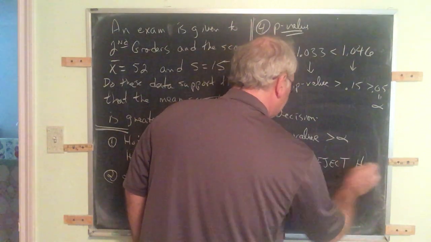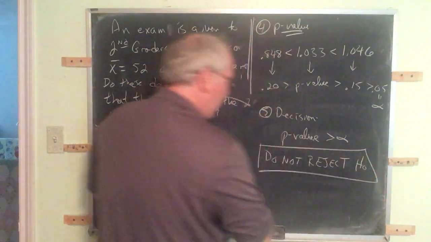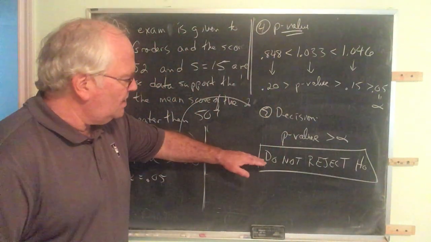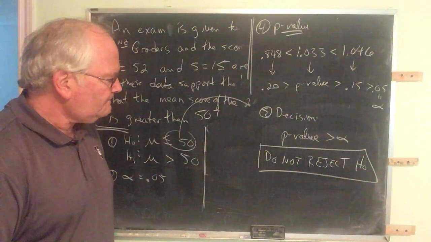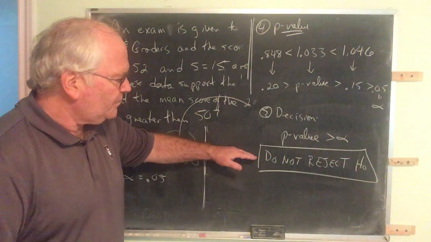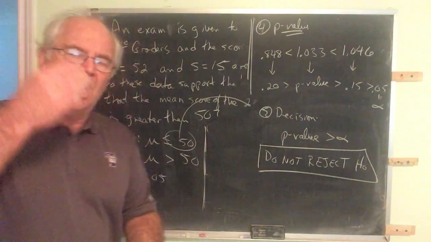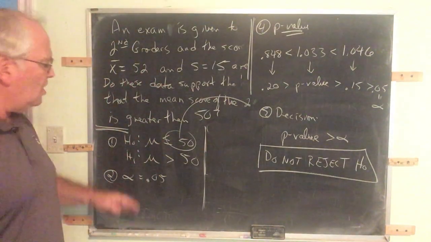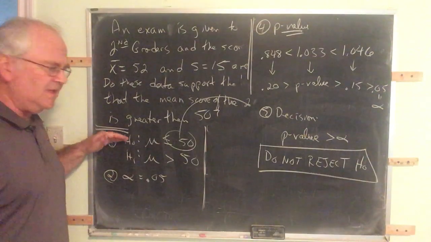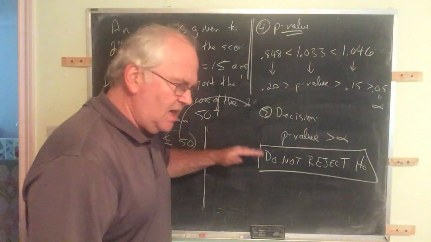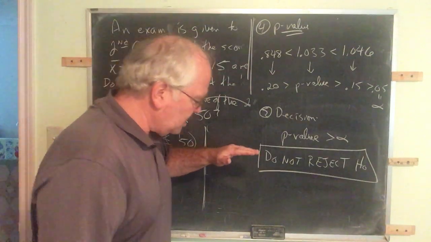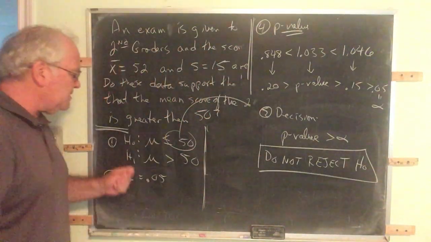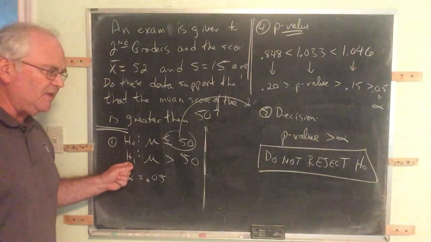the null hypothesis. And a couple last little details regarding this last little piece of information. Step 5: the decision is always made in terms of the null hypothesis. The decision is never, ever made in terms of the alternate hypothesis.